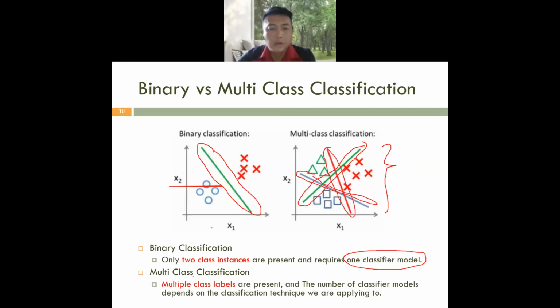Okay. So for multi-class classification, we have multiple class labels, and the number of classifier models depends on the classification technique we are applying. We will look into that later on.